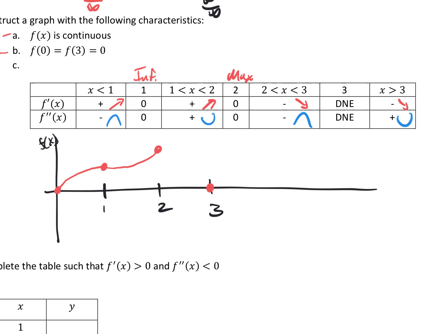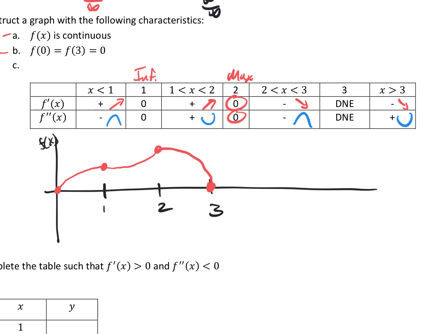We go down to 0 there. So decreasing concave down, we have to go something like that. Actually, this would have to be does not exist, and if that doesn't exist, this one doesn't exist. So we've got a problem with the problem.